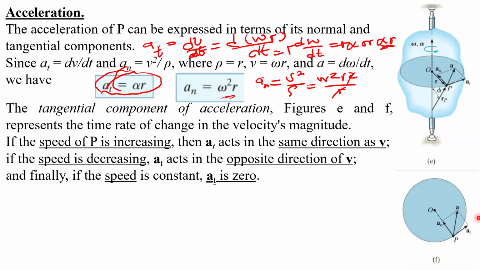So this is the tangential acceleration, and this normal acceleration is always towards the center of curvature, or the center of the circle. A is the vectorial addition of the tangential acceleration plus the normal acceleration.